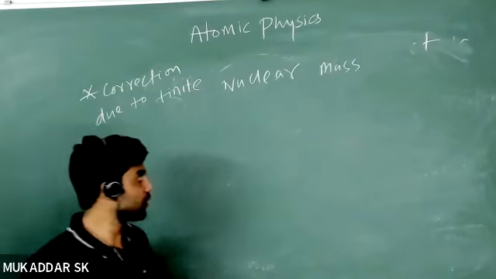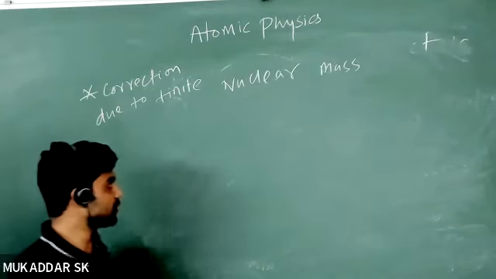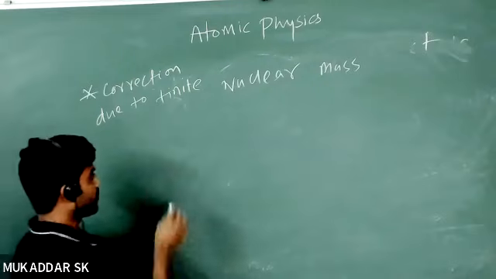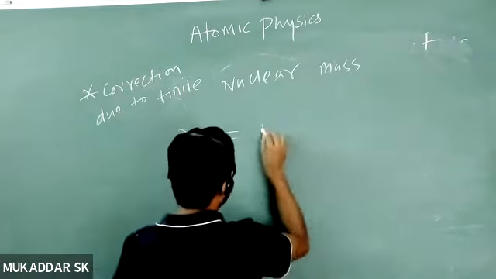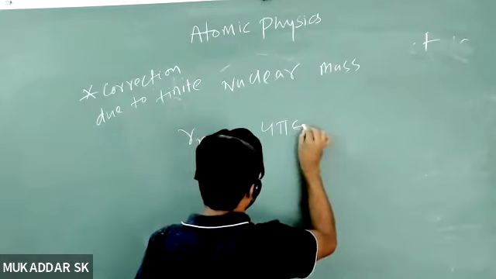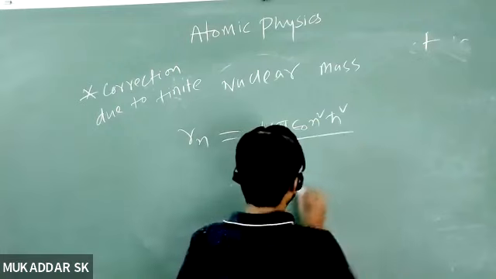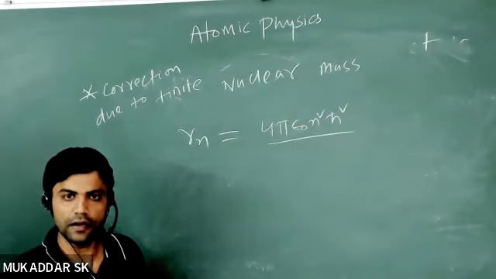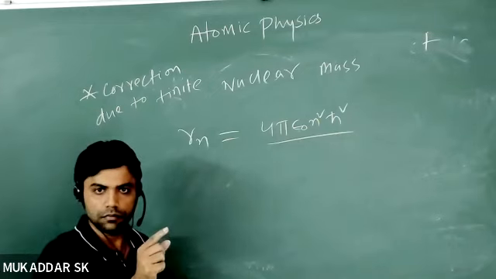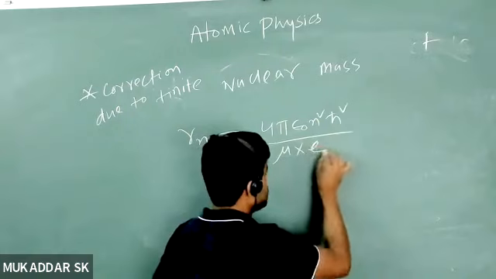Okay, so very important. Please make sure that you are getting all that information that I am saying. So if you see that expression, Rn will be how much now? It will be simply 4 pi epsilon naught n square h cut square divided by, now I will not write the mass of electron, I will write the reduced mass of that system. So I will write mu into e square.